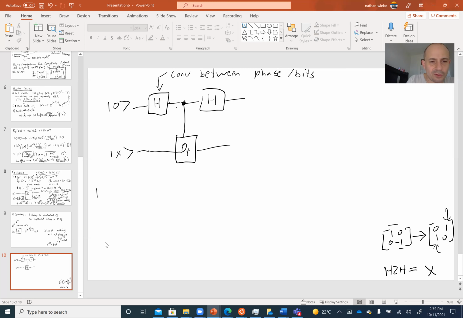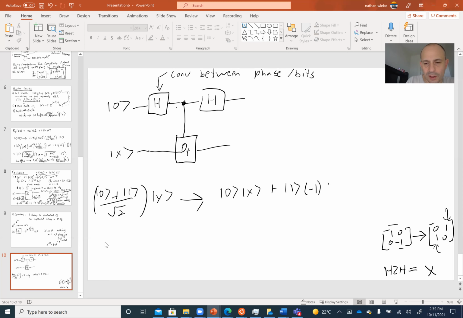So the very first thing is we get (|0> + |1>)/√2 tensored with |x> from the Hadamard. And now this, under the controlled operation, ends up going to (|0>|x> + |1>(-1)^f(x)|x>)/√2.